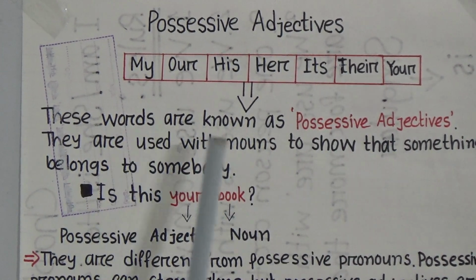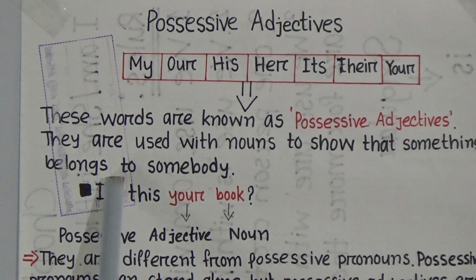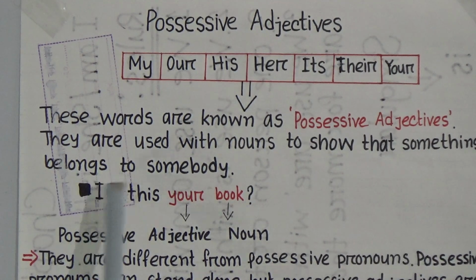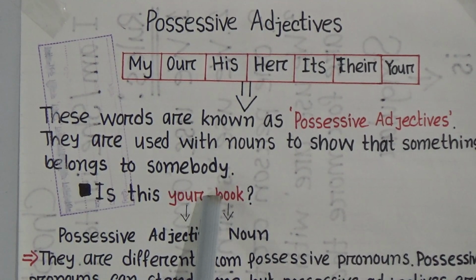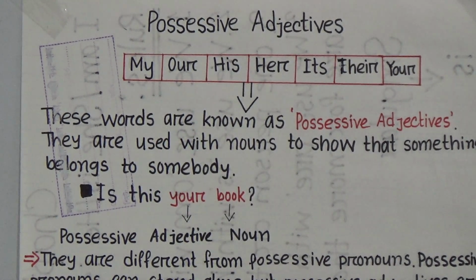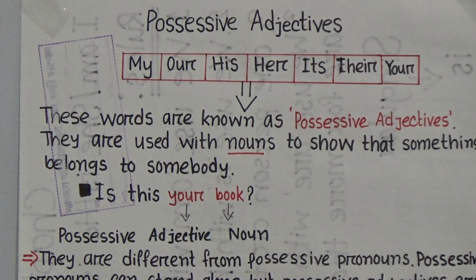These words are known as possessive adjectives. They are used with nouns to show that something belongs to somebody. Keep in mind that we have to use possessive adjective with noun.